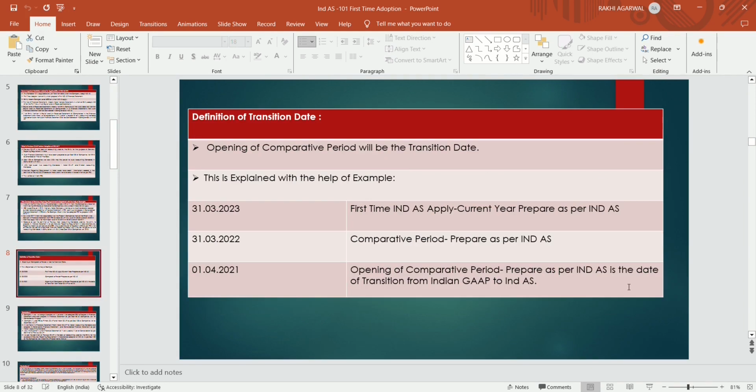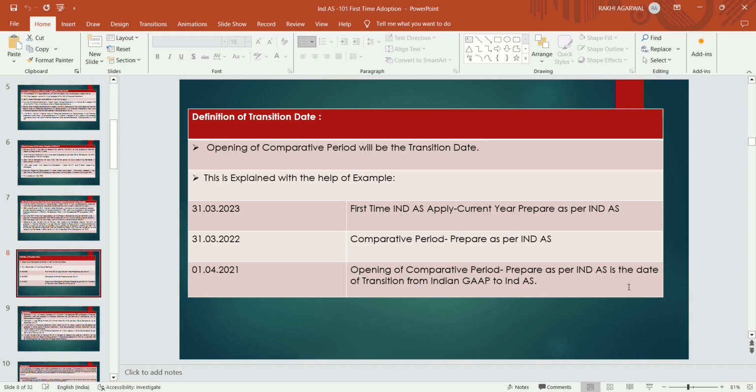Now, the definition of transition date. Transition date means the date on which the entity transits all its balance sheets from Indian GAAP to Ind AS. That is, the opening of the comparative period will be the transition date. This is explained with the help of an example. Suppose on 31st March 2023, Ind AS applies for the first time, that is, the current year is prepared as per Ind AS.